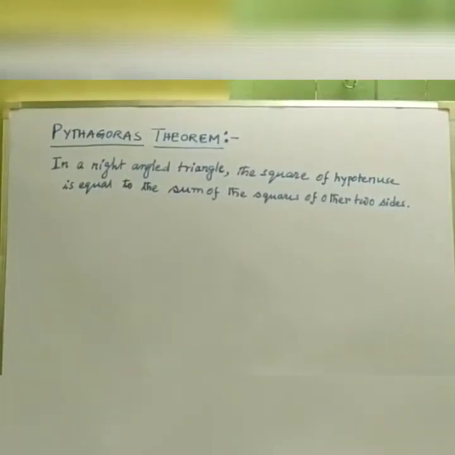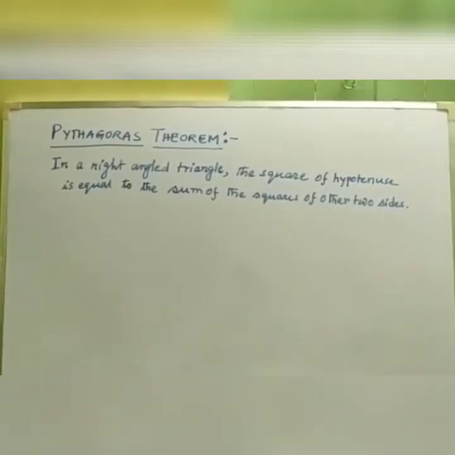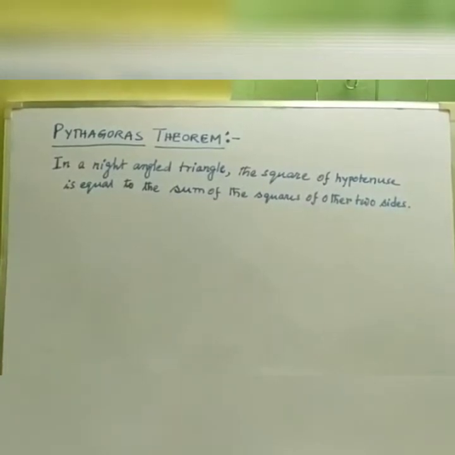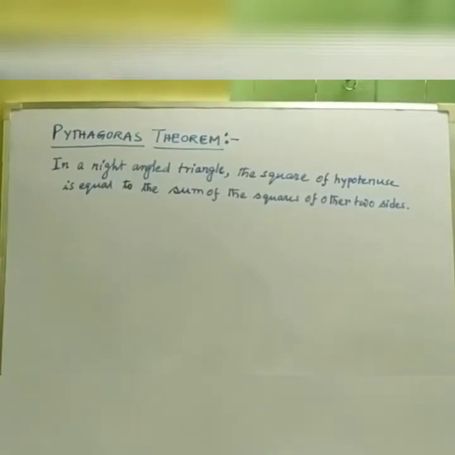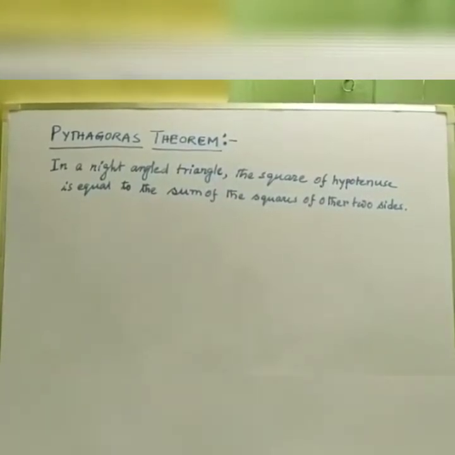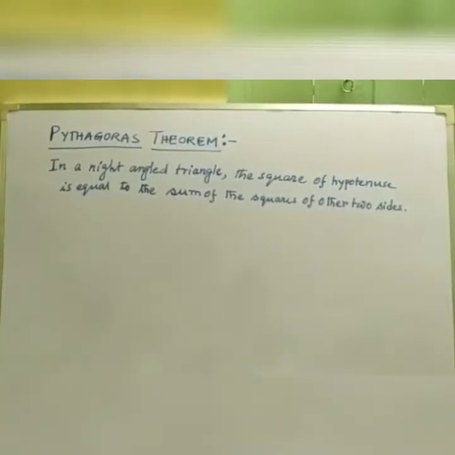Here in class 10 you have the proof, and the statement is: in a right angle triangle the square of the hypotenuse is equal to the sum of the squares of the other two sides. That you have learned from class 7-8, that is h square equals p square plus b square. So that is the Pythagoras statement, and you need to prove it.